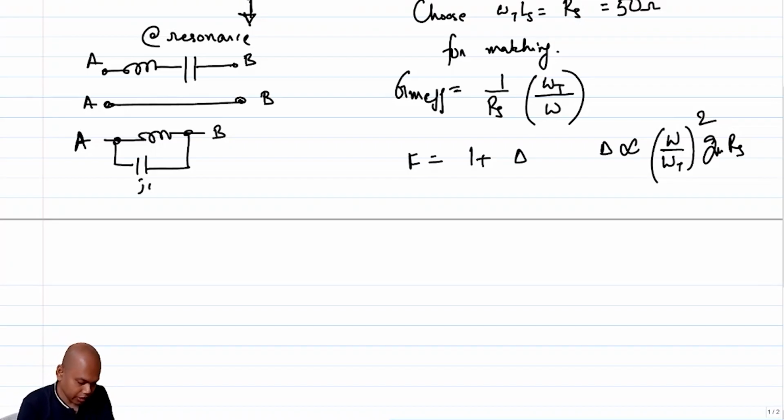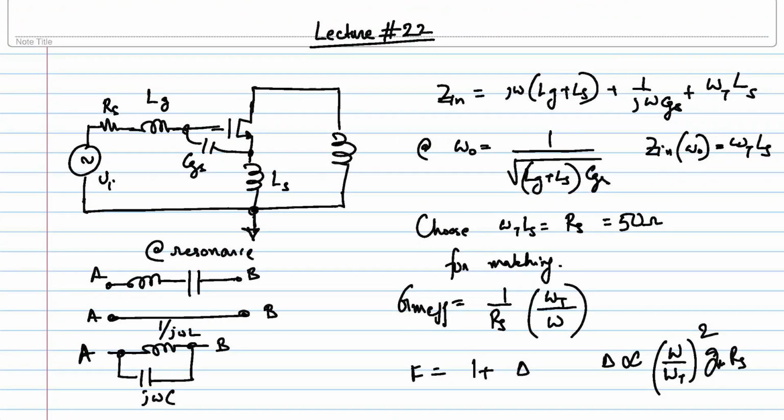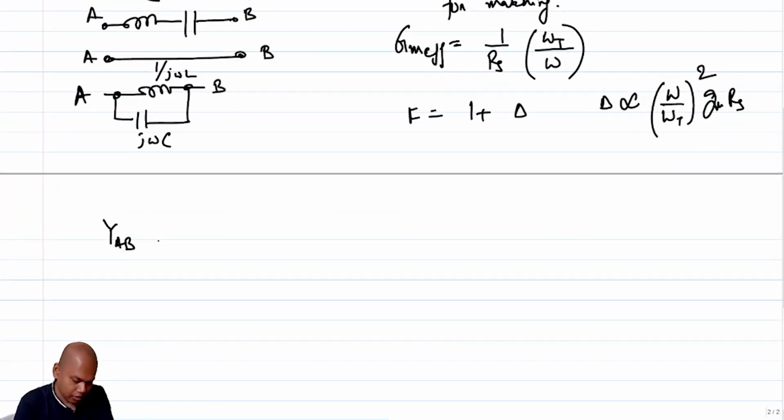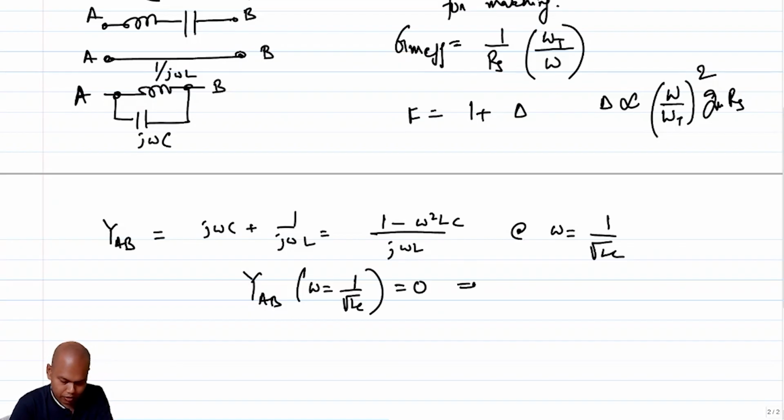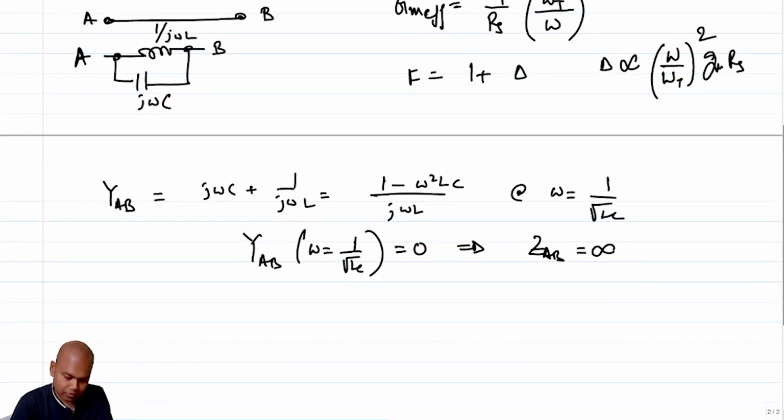So this is j omega C and this is 1 by j omega L. Your admittance YAB is j omega C plus 1 by j omega L, which is nothing but (1 minus omega square LC) by j omega L. At omega equal to 1 by square root of LC, your YAB is equal to 0, implying that your ZAB is infinite. You have an open circuit.